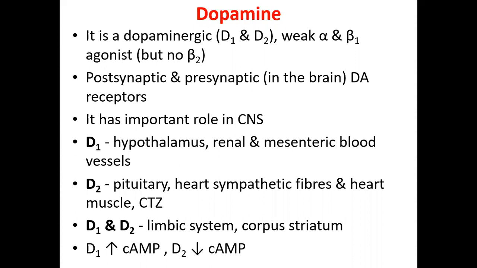D1 receptors are in the hypothalamus and renal as well as mesenteric blood vessels. D2 receptors are in the pituitary, heart sympathetic fibers, heart muscle and CTZ. Both are present in the limbic system and corpus striatum. D1 increases cyclic AMP and D2 decreases cyclic AMP.